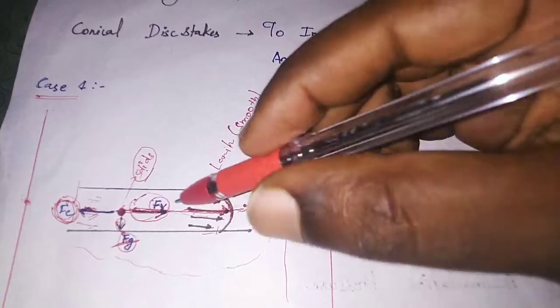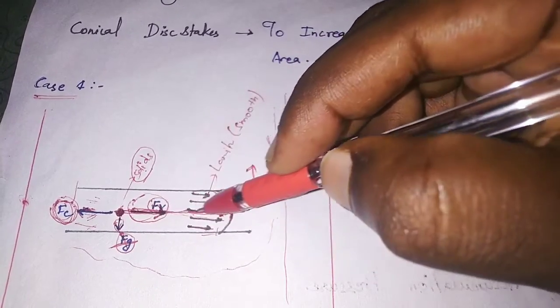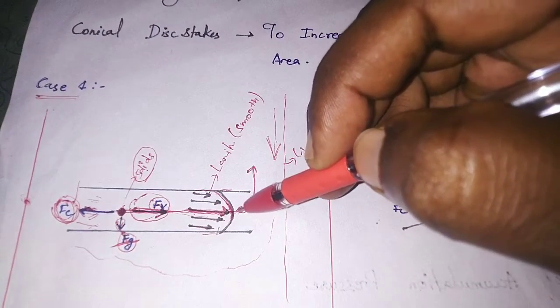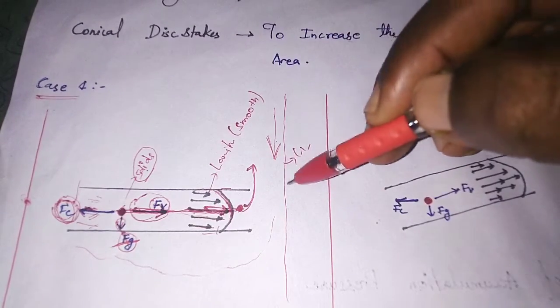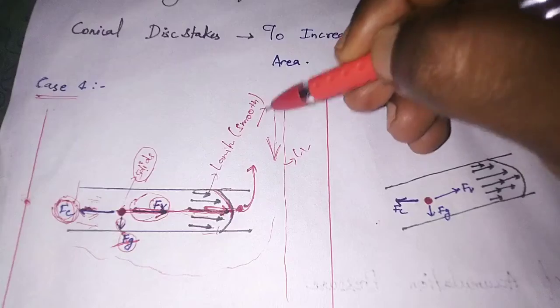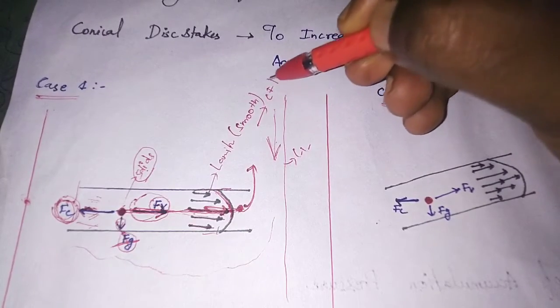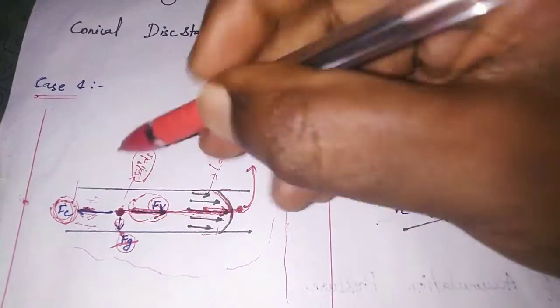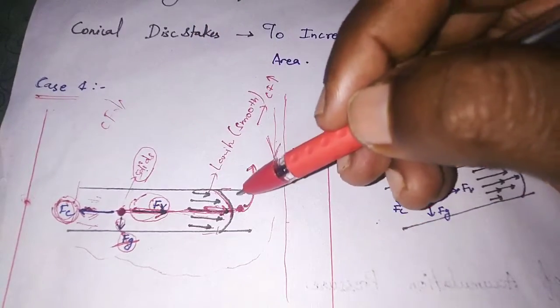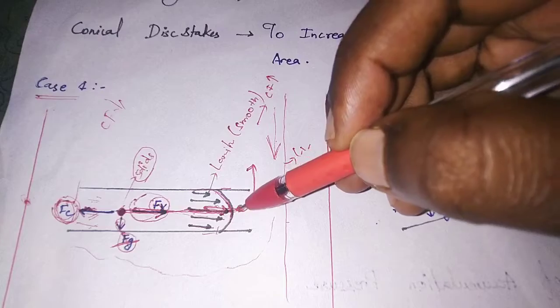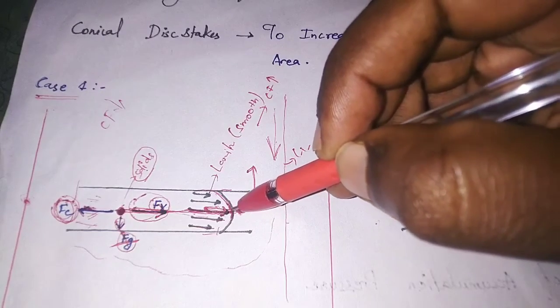When the solid particle comes near the center line, the centrifugal force increases, because near the center line the centrifugal force is higher, and apart from the center line it is lower. So the centrifugal force becomes higher than the velocity force, and our solid particle goes like this.